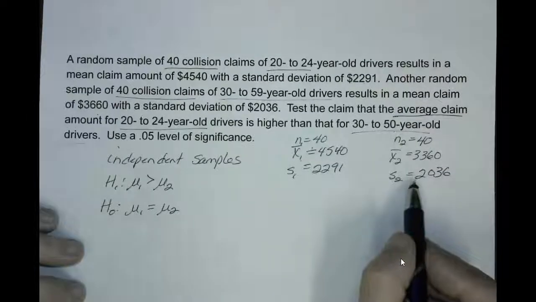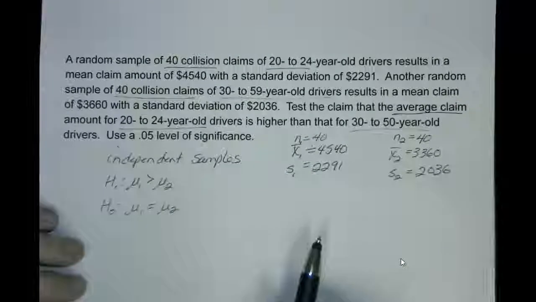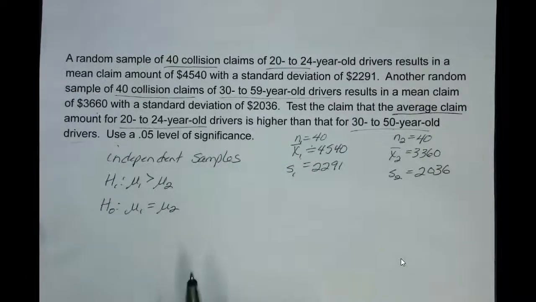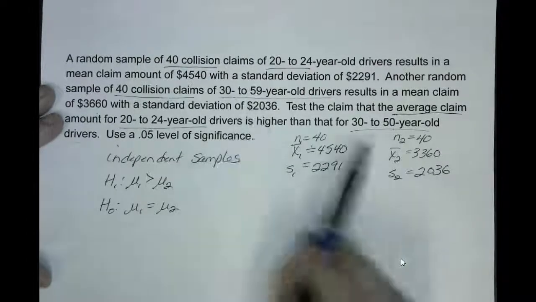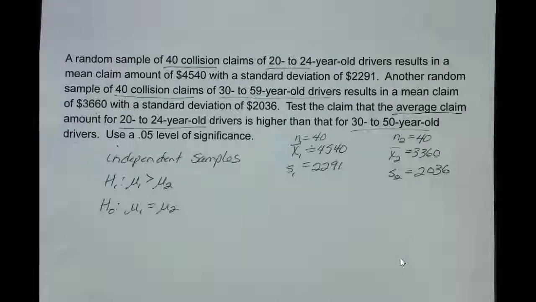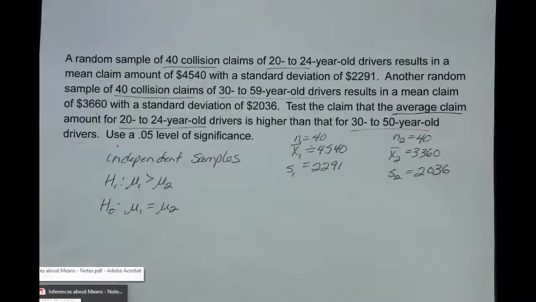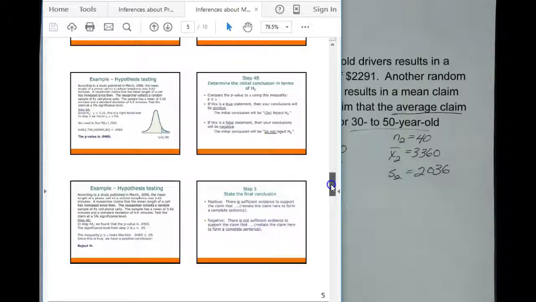So on this, if they're wanting you to do something with this, they have to give you those sample statistics for the two different samples separately. On something like this, you could either be doing something with a confidence interval, or you could be doing something with a hypothesis test. Either way, you definitely need to have the formulas to deal with those.